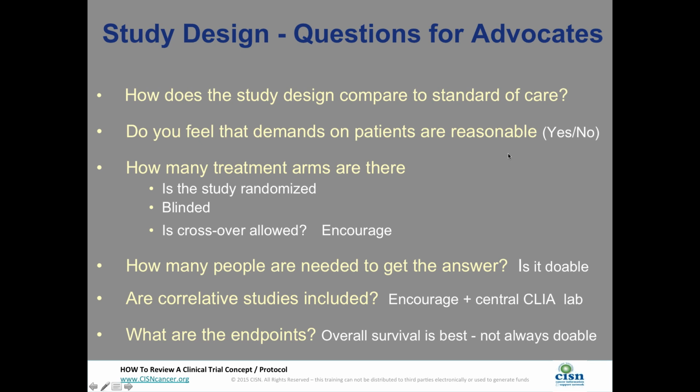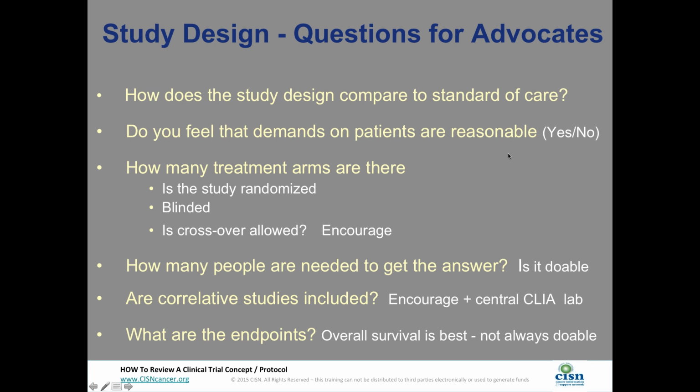If not, have a discussion about apples and oranges and all the problems that have ensued over the last 10 years as we ramped up in this area, one site not being able to match another site. So hopefully all correlative studies are done in the central CLIA lab.